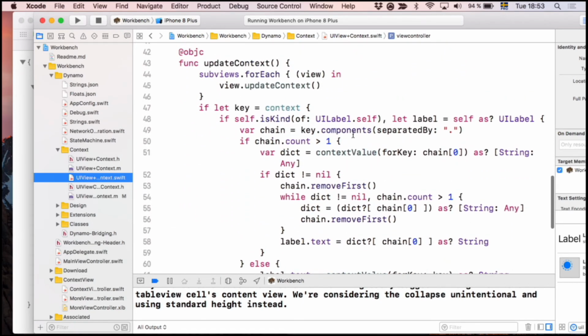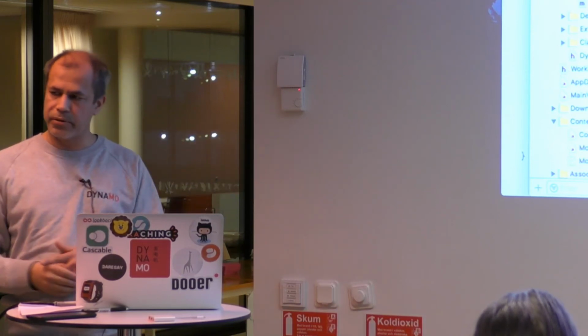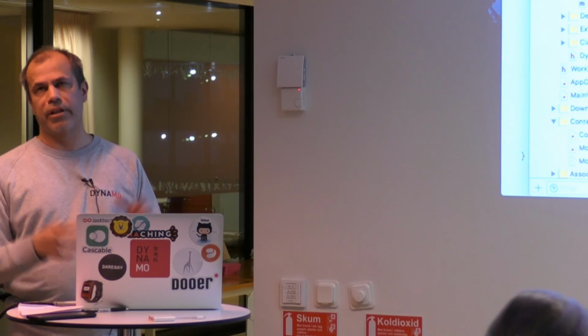So here, for instance, this part is traversing. So this is a little bit the same as the previous talk I had about user-defined runtime attributes.